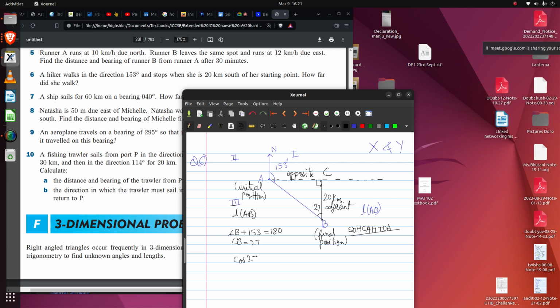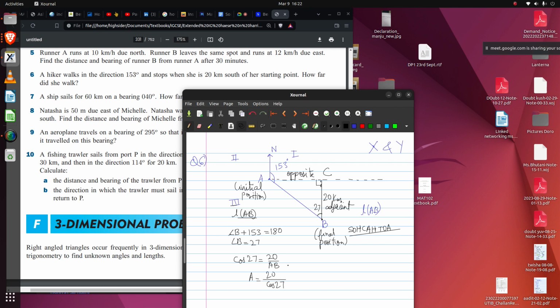Exactly. Cos 27 is equal to 20 divided by what? Not the angle, the side you want. CAH, AB. Now I just put it in the calculator and get the answer.